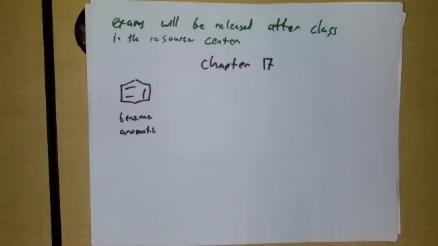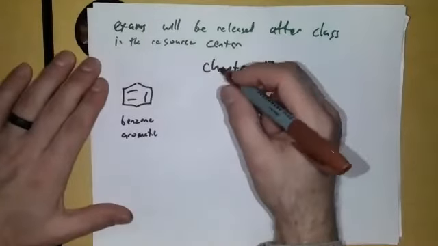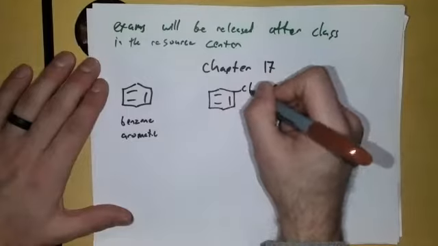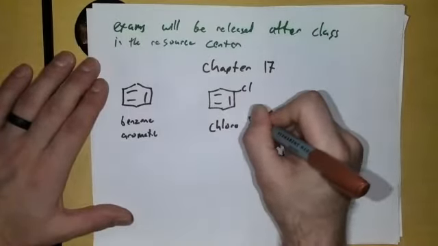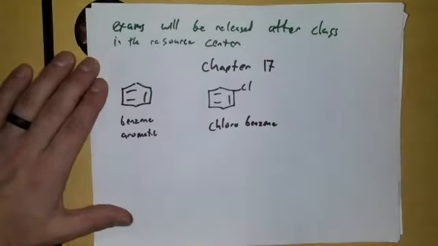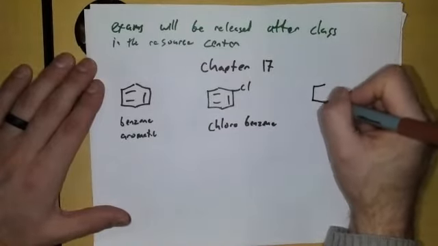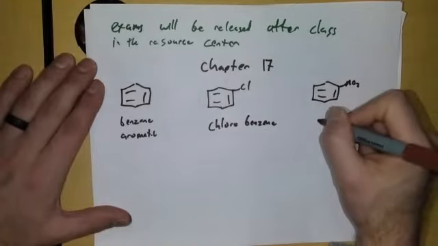So if we have some substituents on there, they're going to be kind of what you expect. If we add a chlorine to this, this would be chlorobenzene. It's 2 different words. There's a space between chloro and benzene. Same thing for a nitro group. So NO2 gives me nitrobenzene.